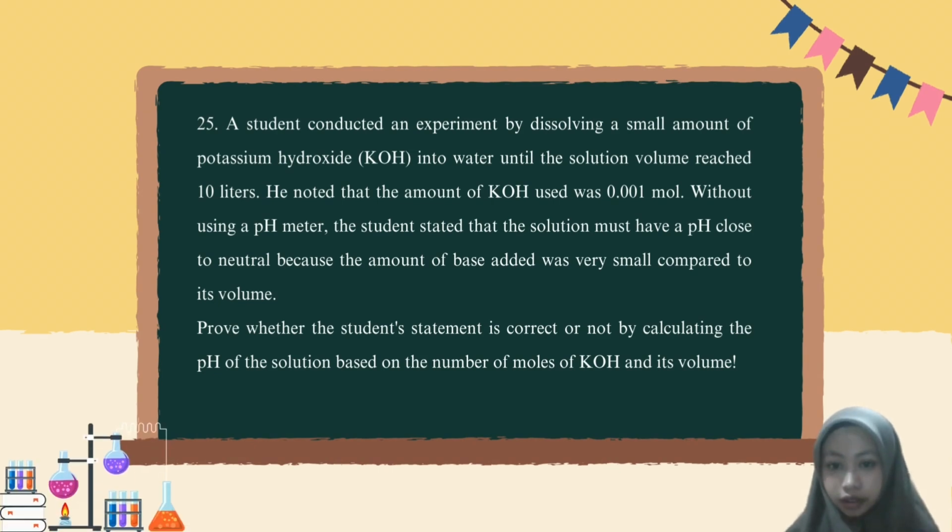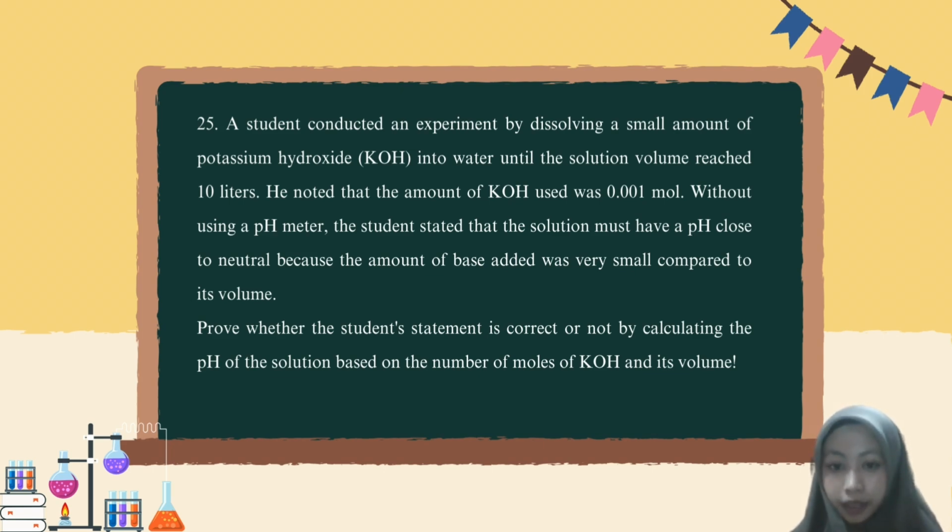Okay, the last question. A student conducts an experiment by dissolving a small amount of potassium hydroxide, or KOH, into water until the solution volume reached 10 liters. He noted that the amount of KOH used was 0.001 mole.